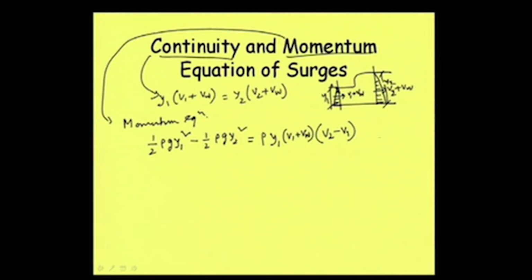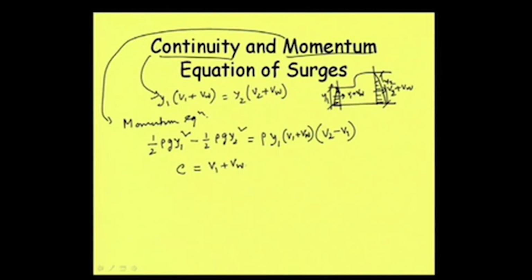From this momentum equation we can further derive some relations required for finding the expression for c in case of surge. Before that, let us write the expression for c here. This is another equation: c is equal to v1 plus vw, as we have already explained.